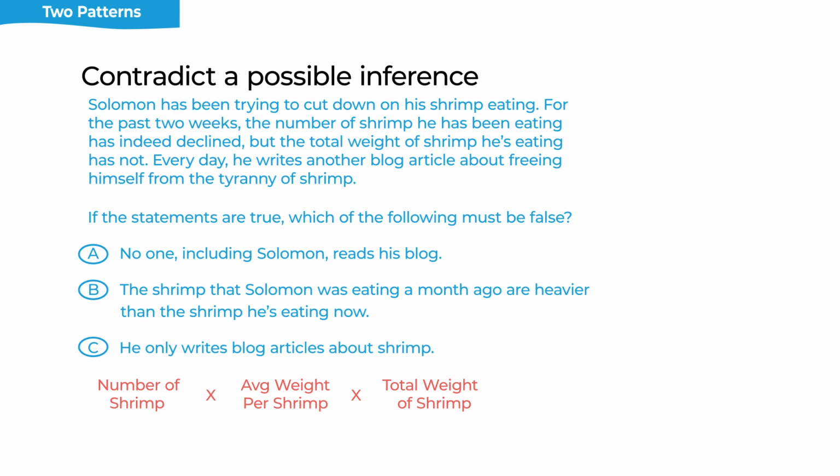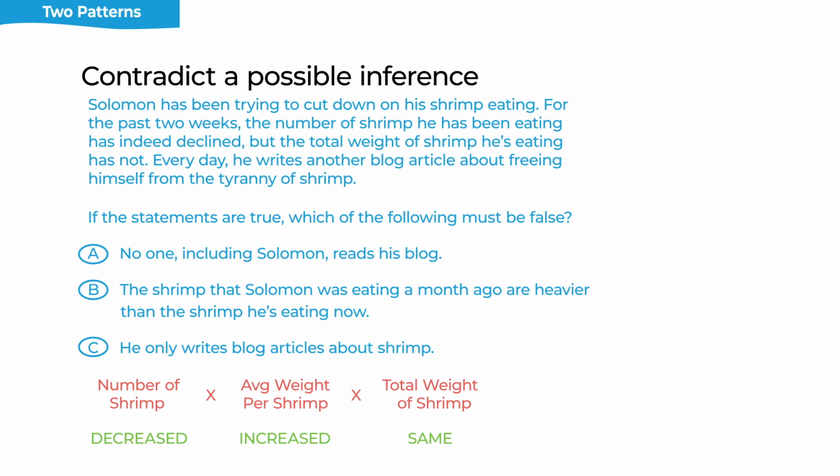If I eat 10 shrimp, and on average they each weigh about 20 grams, then I ate 200 grams of shrimp. If we find out that he's eating the same total weight, or at least as much, even though the number of shrimp has gone down, then the only way to balance out that math is to infer that the average weight per shrimp has gone up.